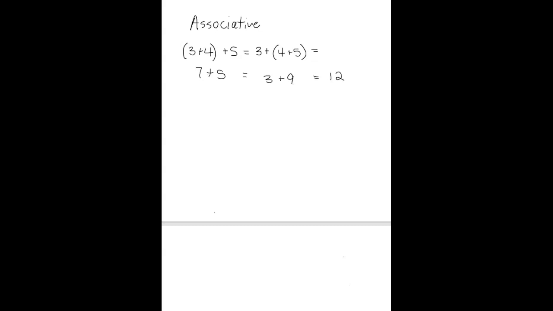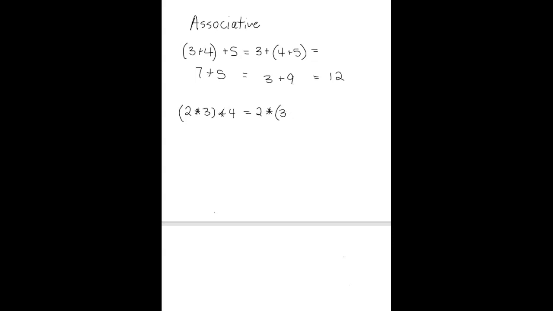For my multiplication, if I have 2 times 3 times 4, that's going to be the same as if I said 2 and then multiplied that by 3 times 4. Quite the odd star there.